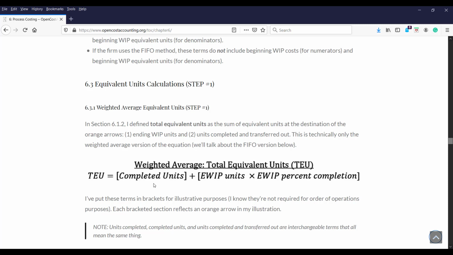So note the beginning WIP is included in here. The beginning WIP units are here, as well as the ones that we started and completed this period. And then ending WIP units are converted into ending WIP equivalent units inside these brackets right here. So we have our weighted average total equivalent units equation. It is generally a little more simple than the FIFO method in its total equivalent units calculation.